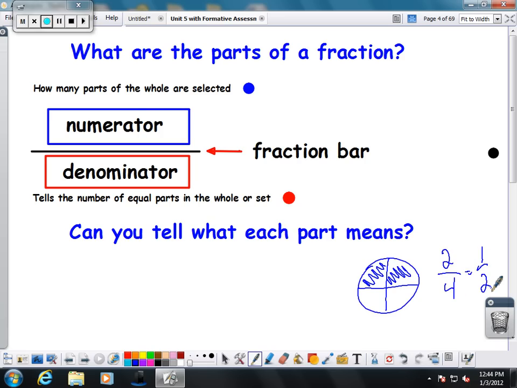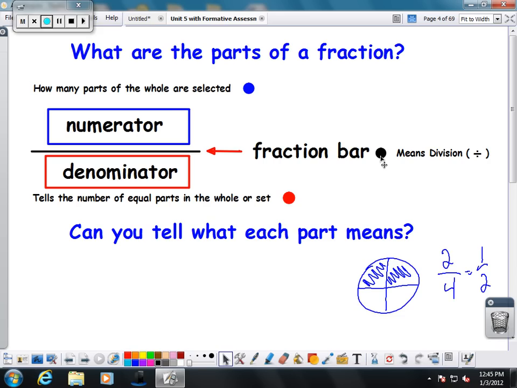This line right here is called our fraction bar. And the fraction bar basically means divide. So we're taking our numerator and dividing it by our denominator, and that's another way to look at how we're dealing with fractions.